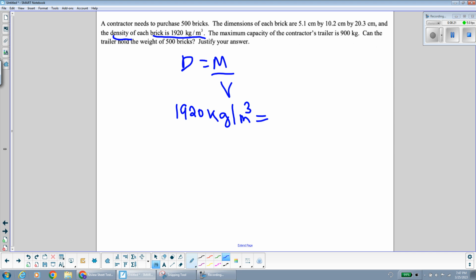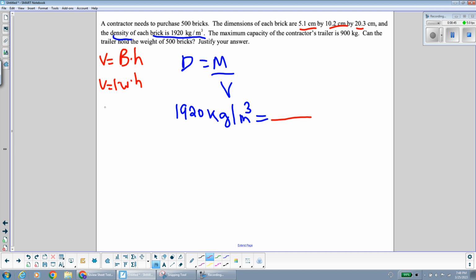Okay. We can find the volume even though we're not given it because we're given the dimensions of the brick. A brick is a rectangular prism. So we find the volume, the area of the base times the height. Since the base is a rectangle, that is length times width times height.